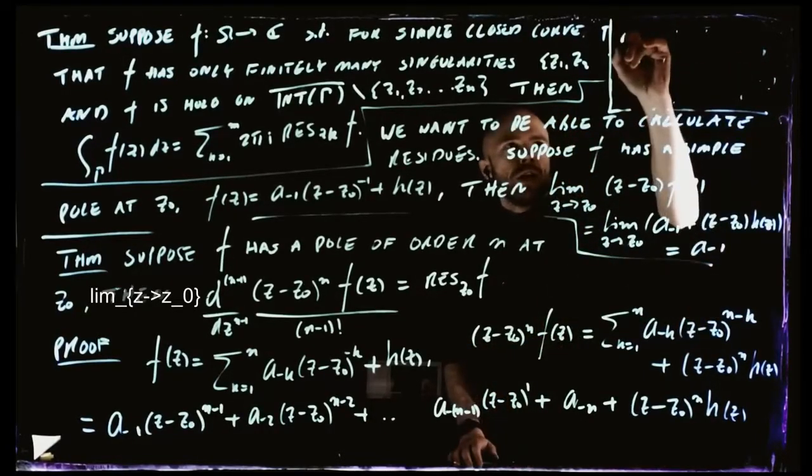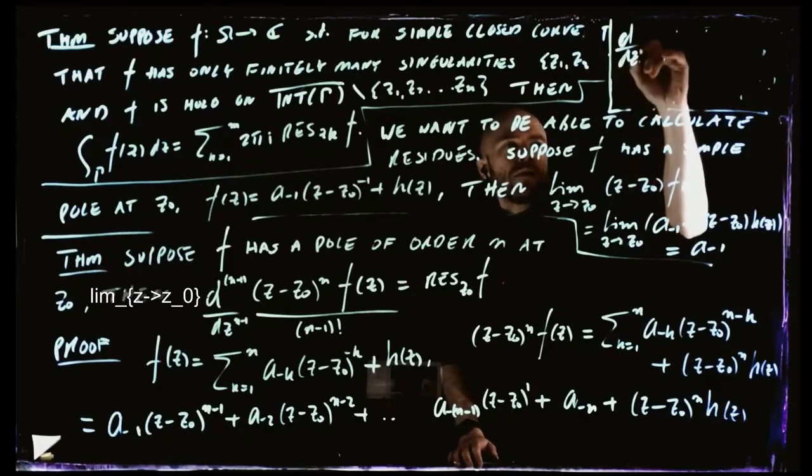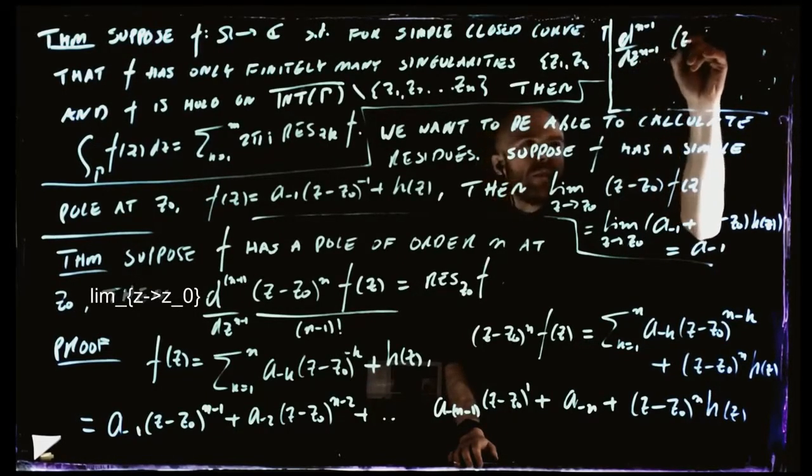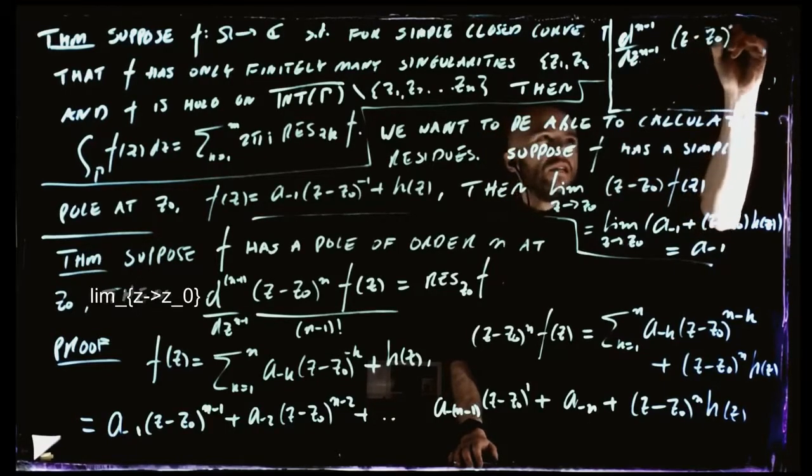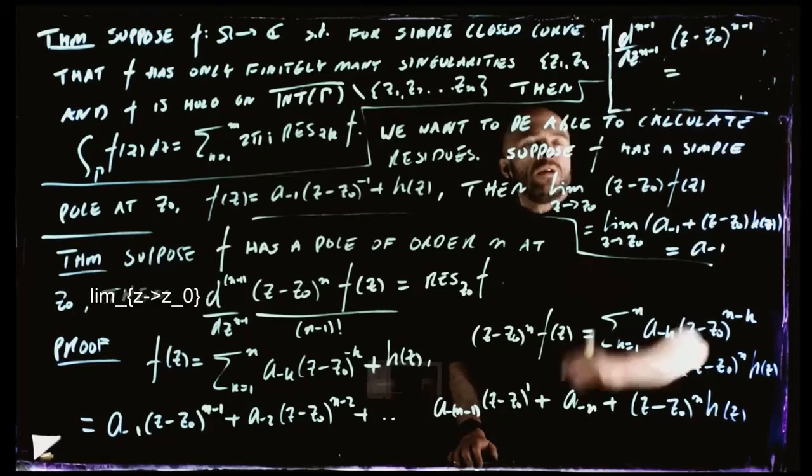So we're going to differentiate this thing, (z minus z0) to the n minus 1. What is it going to turn into?